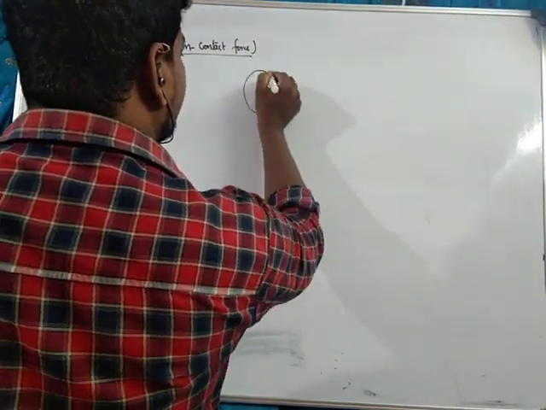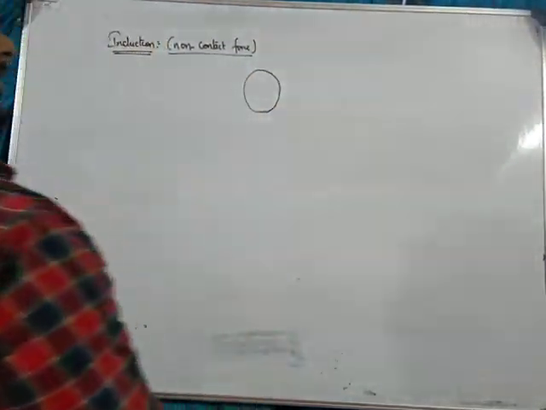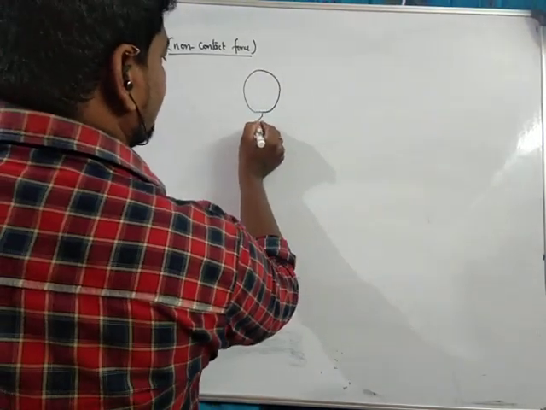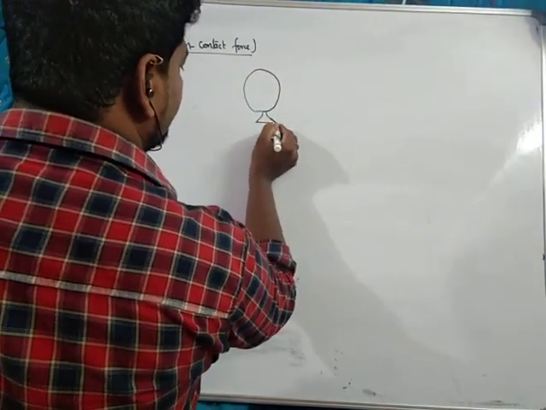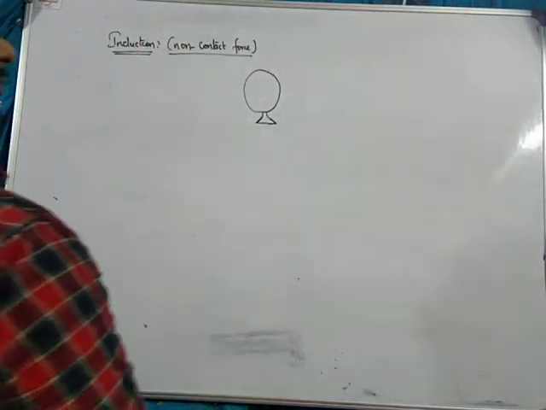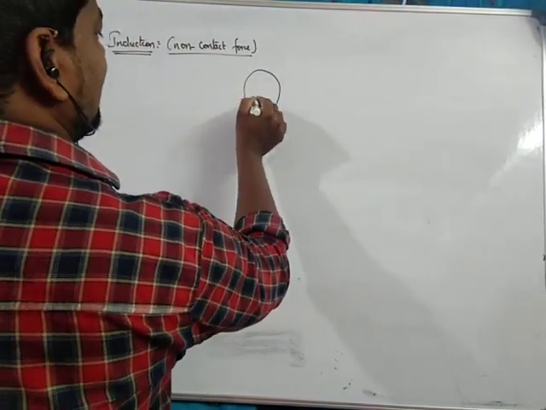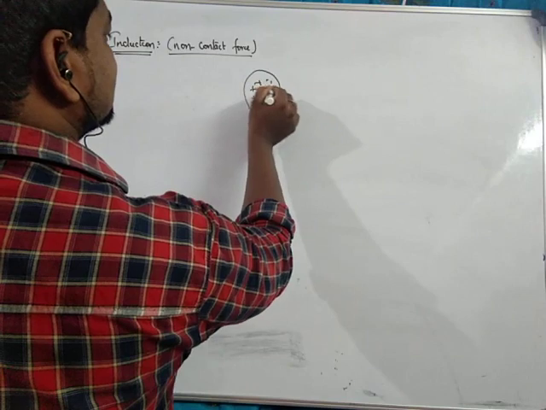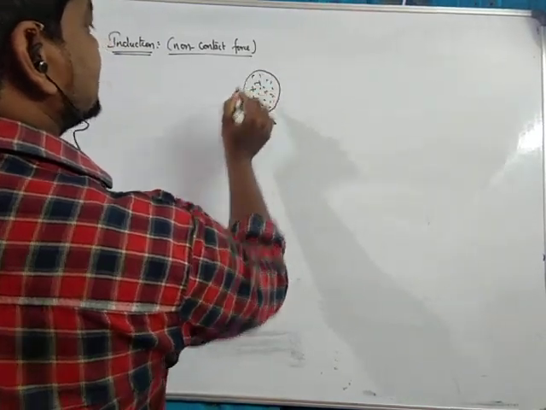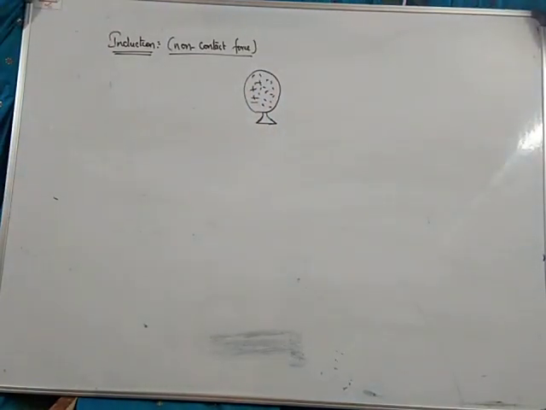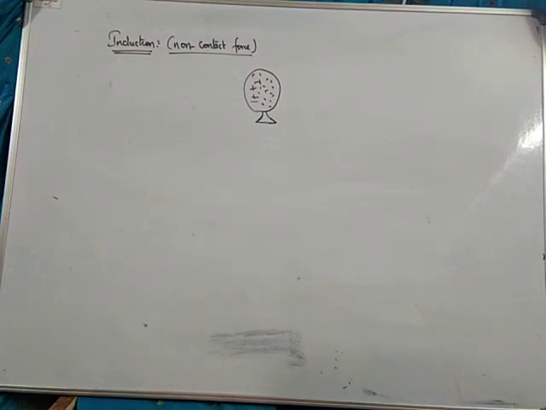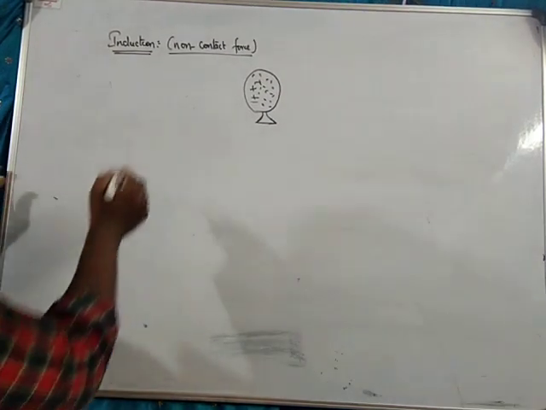Initially, we consider a conductor which was placed on a stand. In that, all negative and positive charges are randomly arranged. It's step 1.